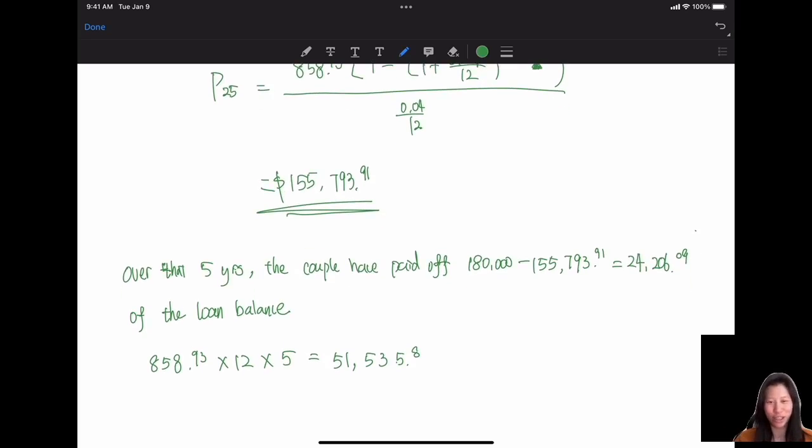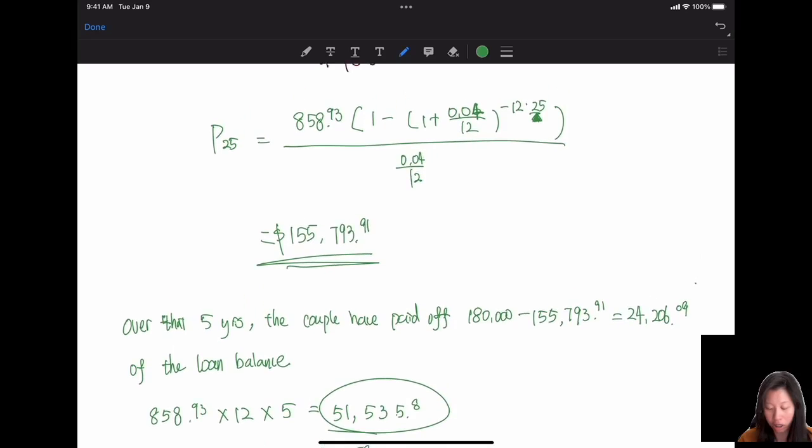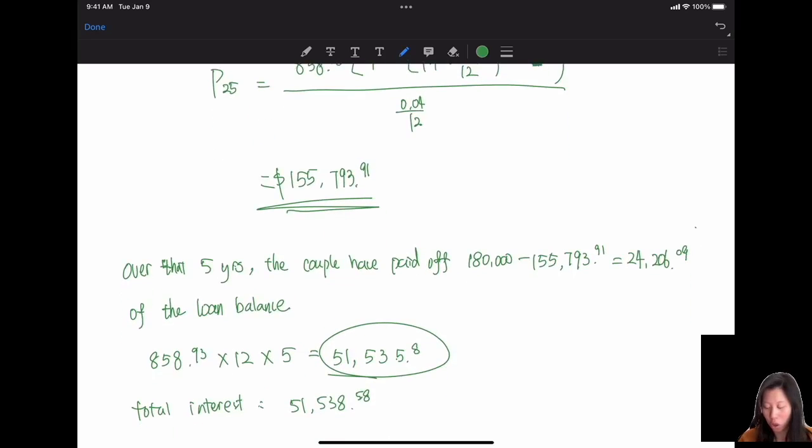So let's think about how much the total interest they paid over the 5 years will be. Well, this is how much they pay out of their pocket, right? But only $24,206.09 is going towards the balance.